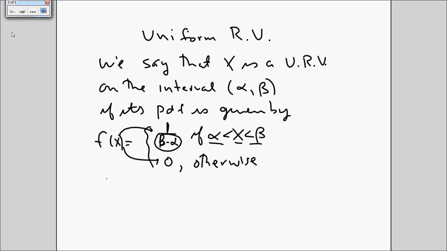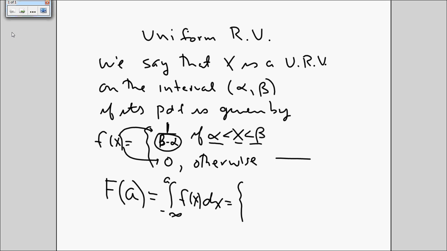Now, what would the cumulative function be? What would F of a be? Remember, this is the integral from negative infinity to a of f of x dx. What will this equal? Well, let's draw this f of x function. I'll assume alpha and beta are positive.